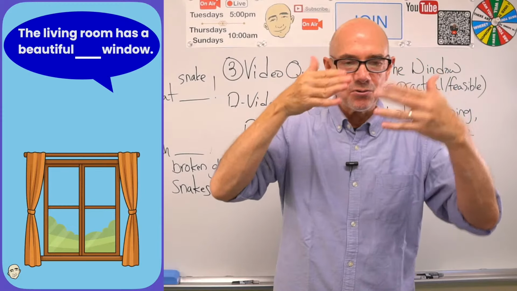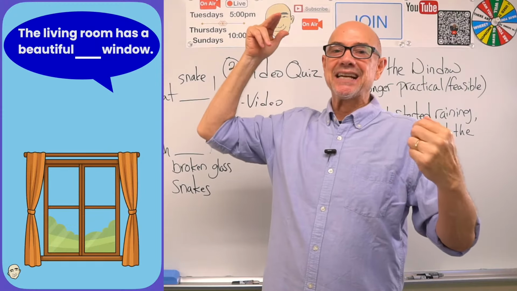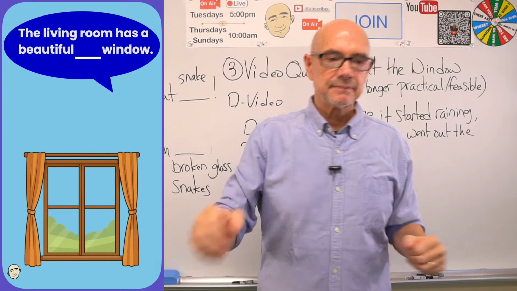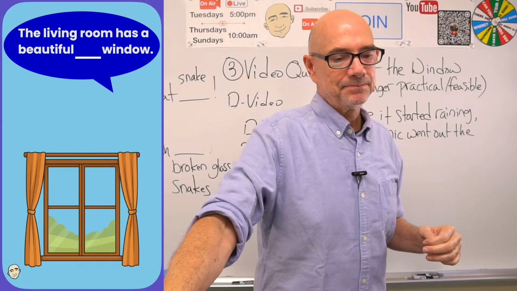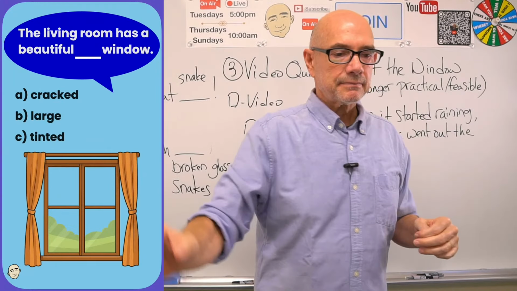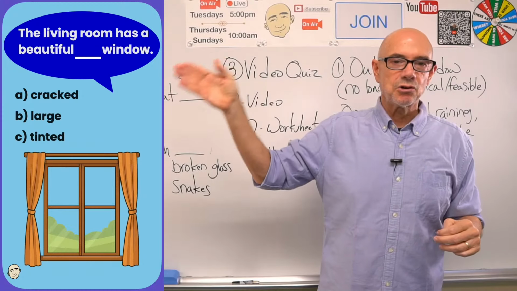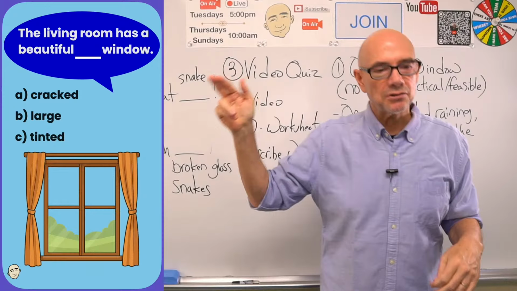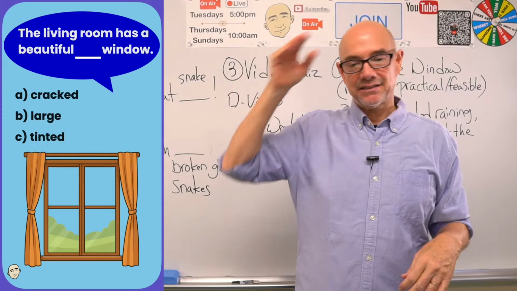We don't know what is happening because it's not transparent. Okay, let's look at the three choices. Okay, here are the three choices. Cracked, large, tinted.